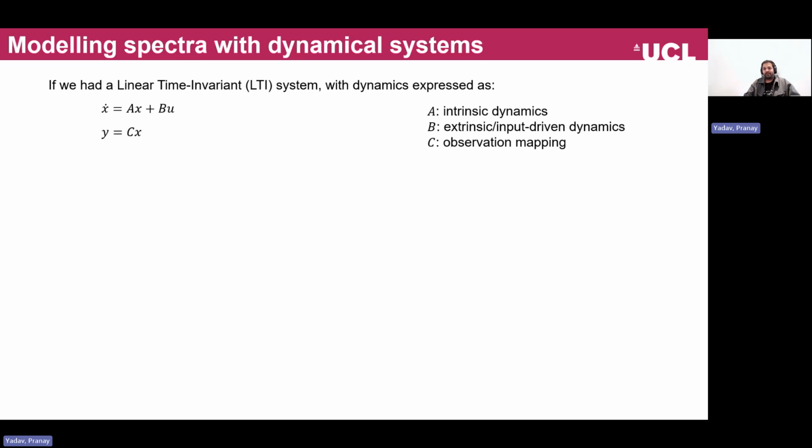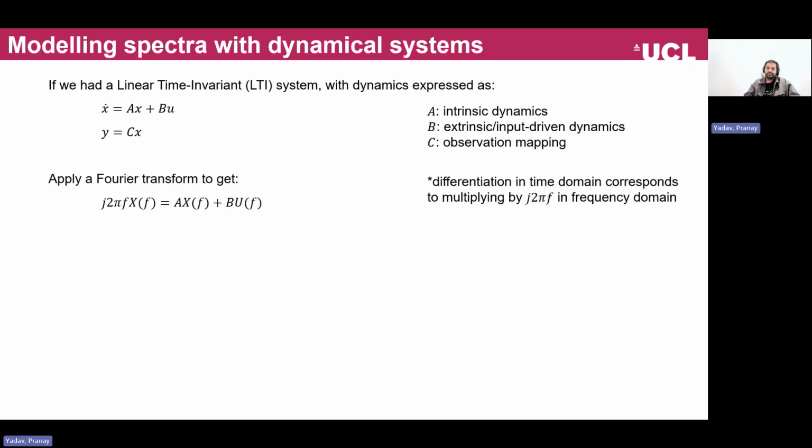Now we could apply a Fourier transform to this to obtain this particular equation, which has j2 pi f multiplied. This is because differentiation in the time domain corresponds to multiplying by this term in the frequency domain. So now this expression is a function of frequencies. We can simplify and rearrange to get this in terms of y.